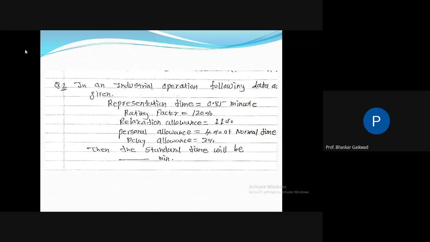For example, our representation time, meaning basic time, 0.85 into 120 divided by 100. You will get normal time. Now this normal time plus your allowances, you will get the standard time. Like this, the question is very easy.